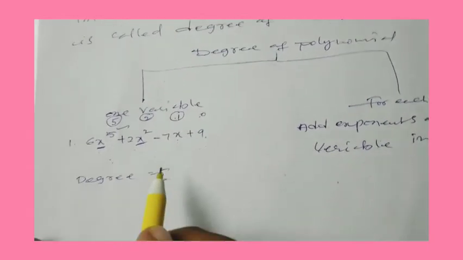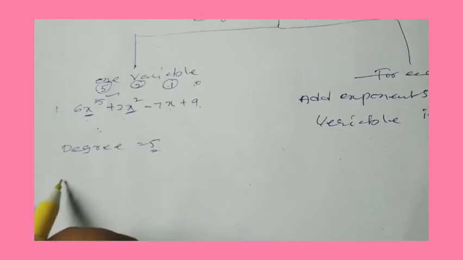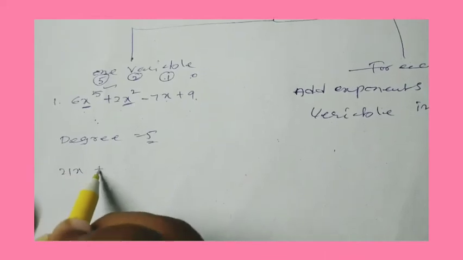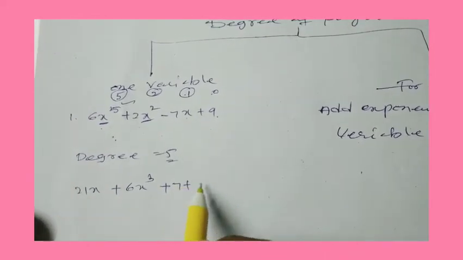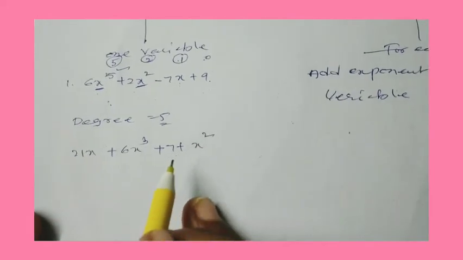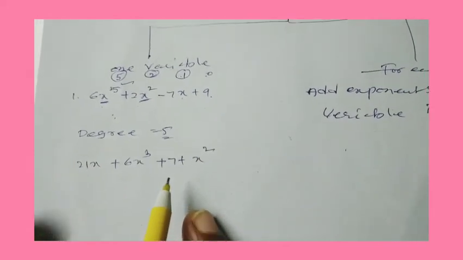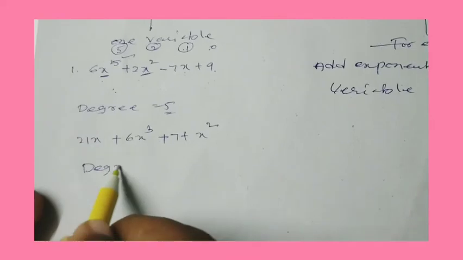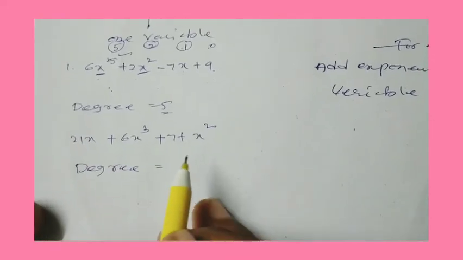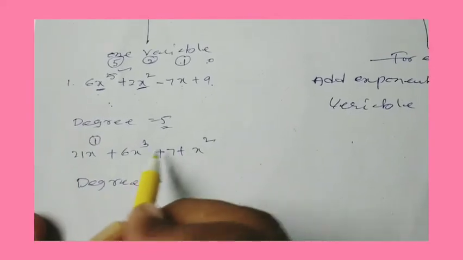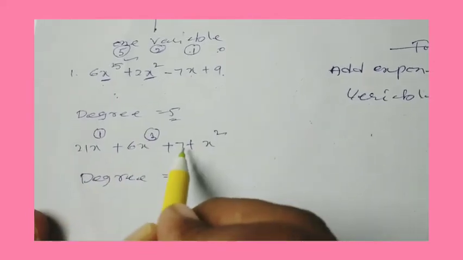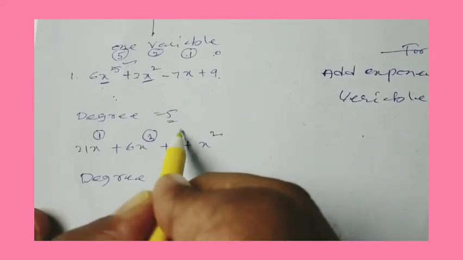That's it. Now one more example we are going to take: 21x plus 6x cube plus 7 plus x square. This is one of the polynomials. Now we are going to write its degree. See here, x power not there means 1. Here 3 is there. Here this is the constant term, no? 0.